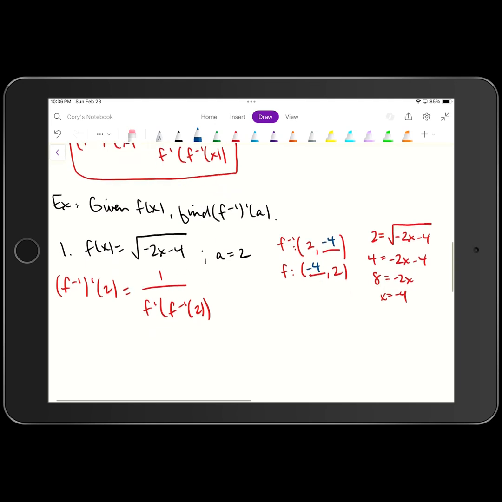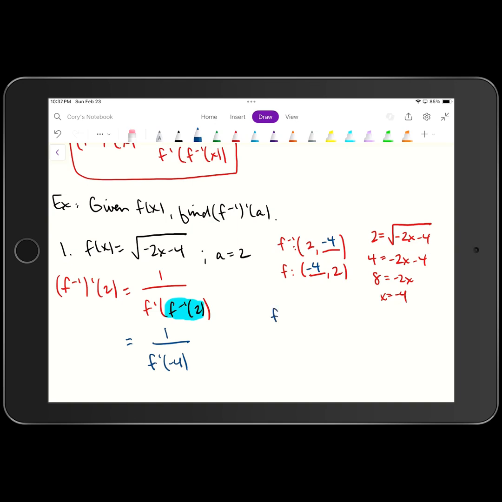So when we are being asked to calculate f inverse of 2, we know it is going to be negative 4. So this is going to wind up becoming 1 over f prime of negative 4. All I have to do now is take the derivative of the function f and then plug negative 4 into that derivative.